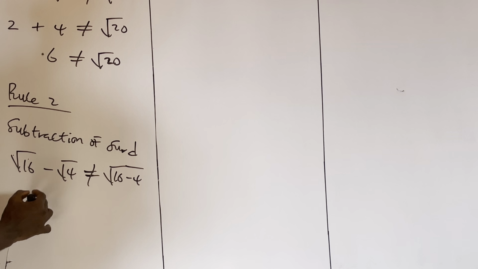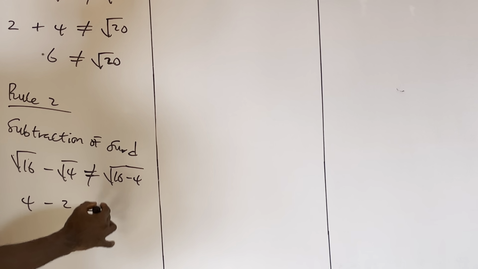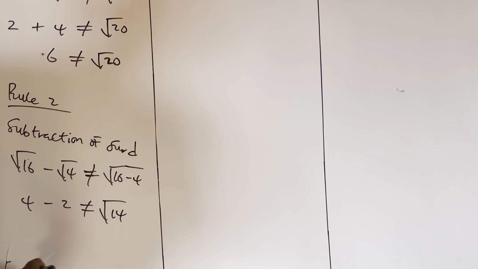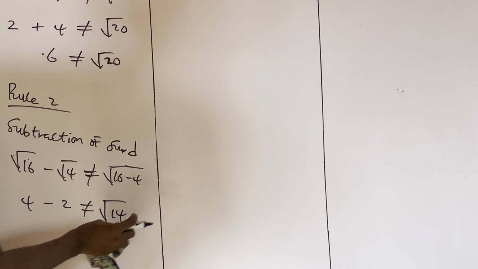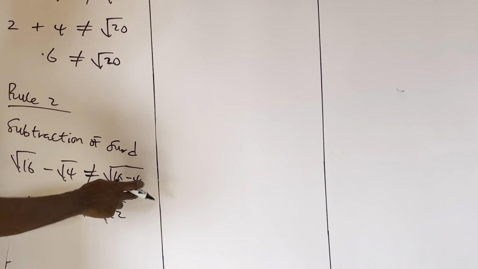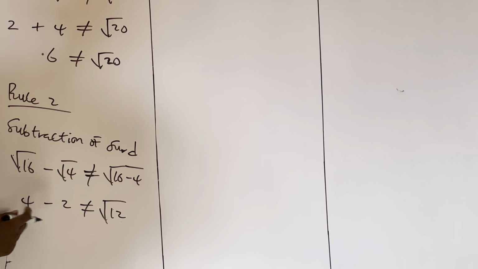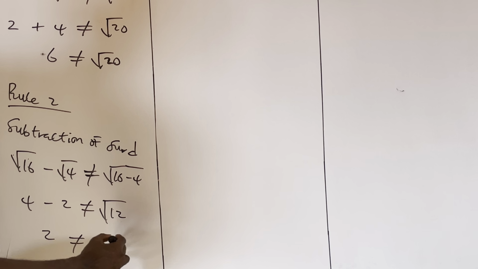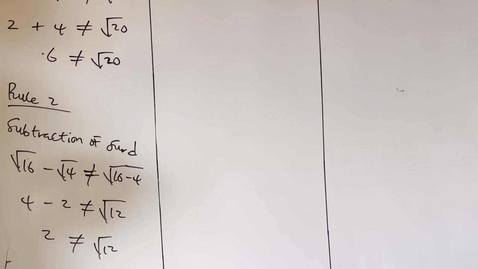This is 4 minus 2, which is not equal to root 12. I said 14 because 12 plus 4 is 16, sorry, 12. So 4 minus 2 will give us 2. It is not equal to root 12. Did you understand now?